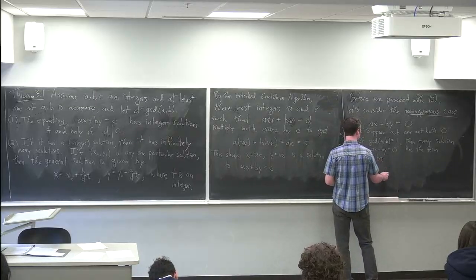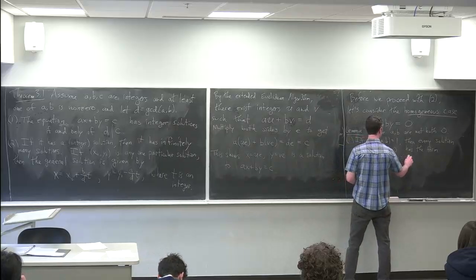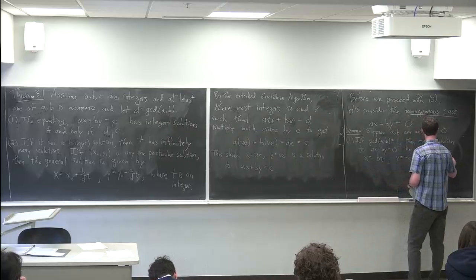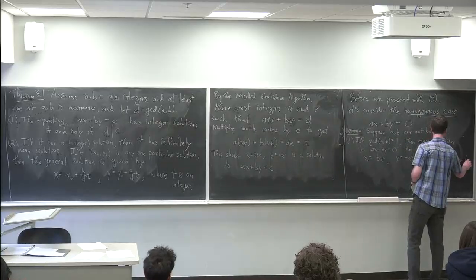So x is bt, y is negative at for some integer t.